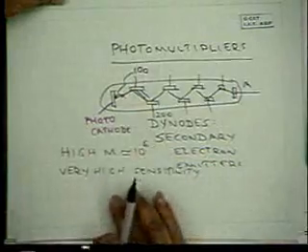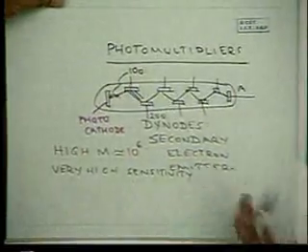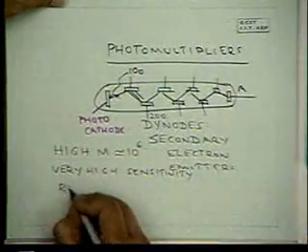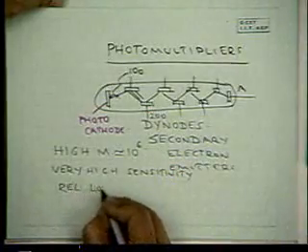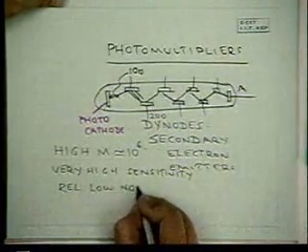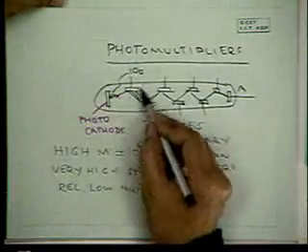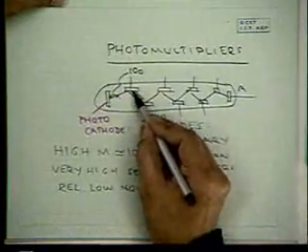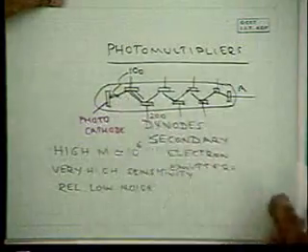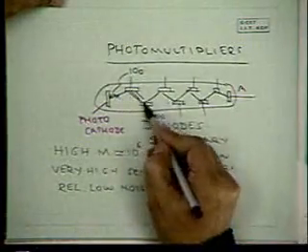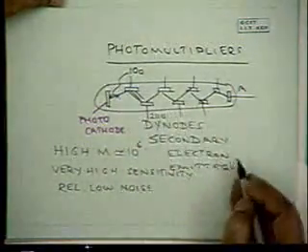Because you can detect single electrons and relatively low noise. Because there is some randomness as to the number of electrons that are emitted, but this is only one type of carrier that is being multiplied, that these are electrons.